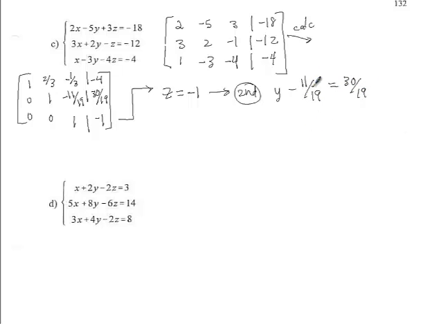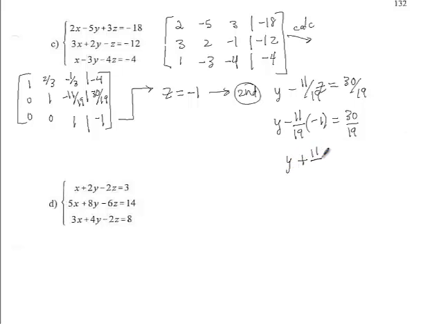Alright. I didn't put my z in there. This is 11 over 19 times z. Alright, what was our z? Well, it was a -1. So maybe this isn't going to be too bad, because we end up with the same denominator.